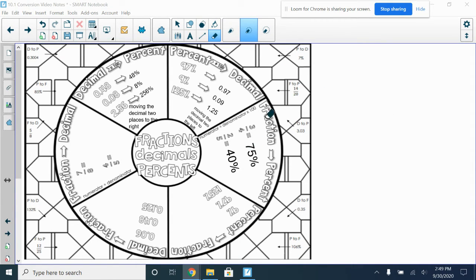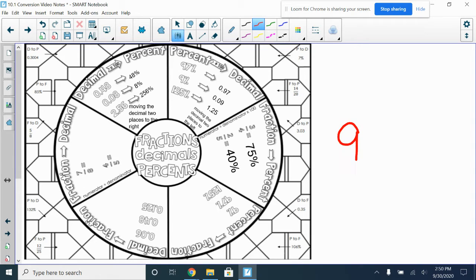We want to change our percent to a fraction. So I know that all of our percents are out of 100. So if I put my percent over 100, it is going to be a fraction, and then all I should have to do is simplify.